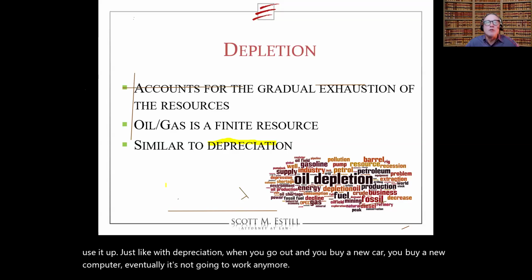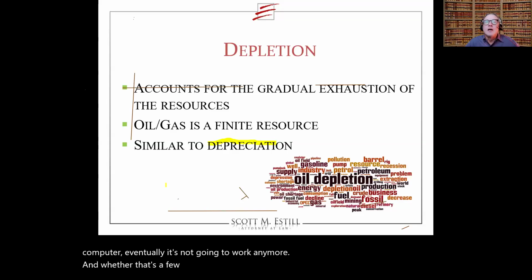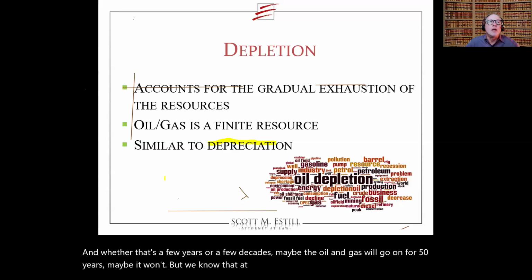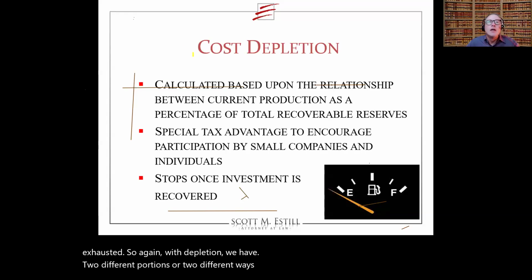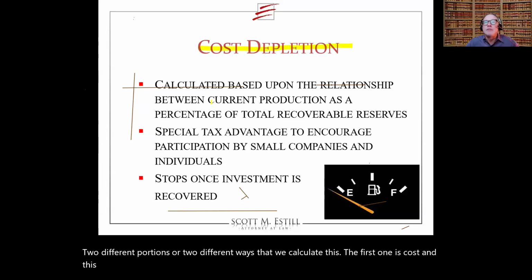And whether that's a few years or a few decades, maybe the oil and gas well will go on for 50 years. Maybe it won't. But we know that at some point, the resources are going to get exhausted. So again, with depletion, we have two different ways that we calculate this. The first one is cost, and this is what the real big guys have to use.